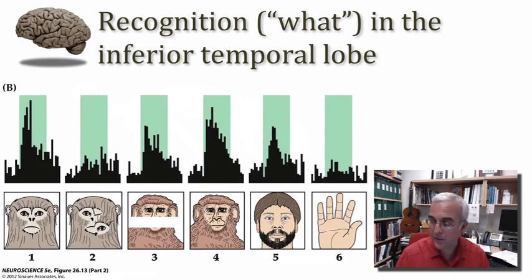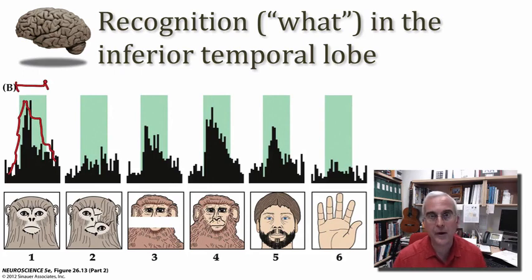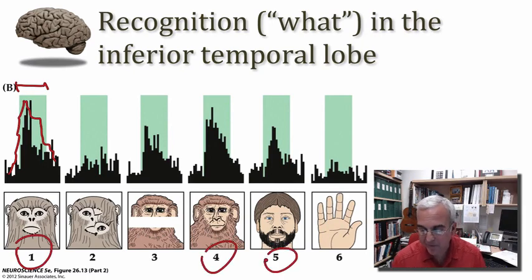So here are post-stimulus time histograms that show us the responses of a neuron to the presentation of facial stimuli, which is indicated by the presence of this green bar in the background here. So it's quite interesting to note that variations in the details of these faces, such as the face presented in Trial 1, Trial 4, and Trial 5, still elicit vigorous responses, even though some of the details have been changed.